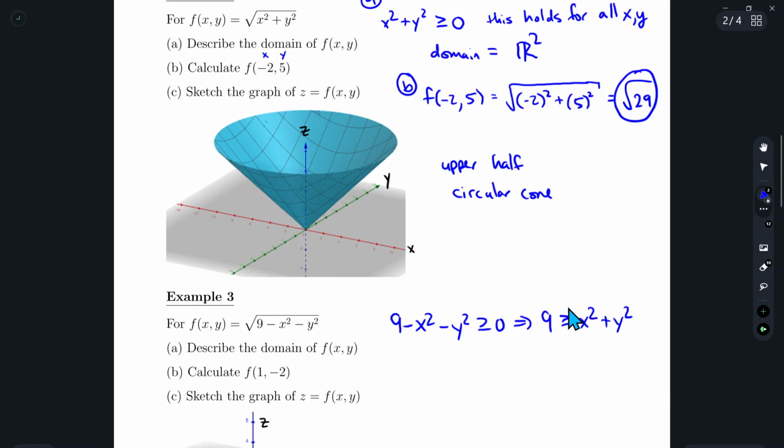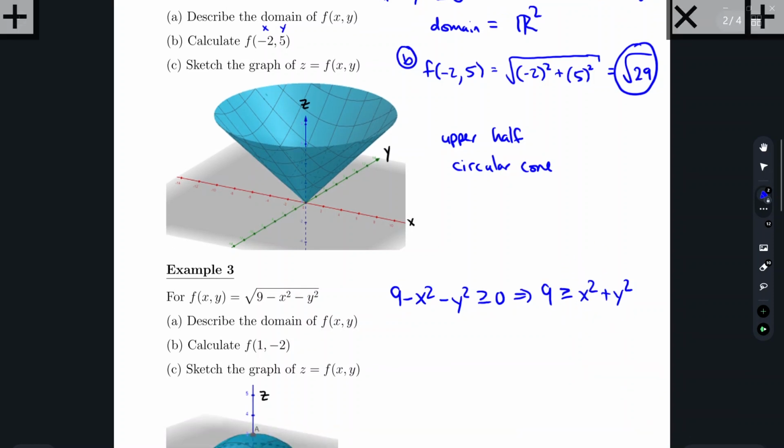If you take the expression x squared plus y squared equals 9, that's just a circle of radius 3, and because this is the inequality less than or equal to, the circle of radius 3 would be the outer boundary, and this also contains everything inside the circle. When you have a circle and also everything inside it, the thing is called a disk.